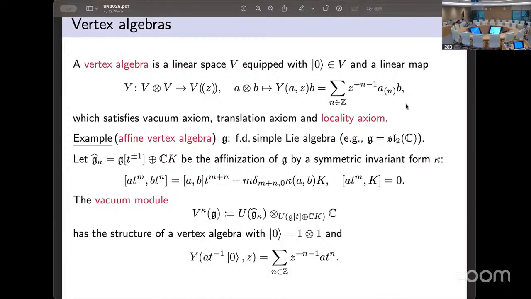I'm confused. V is a vector space, and A is an element of V. Yes. And that A has a subscript. V is a linear space, and that element has a subscript n, an integer, and n runs from minus infinity to plus infinity.